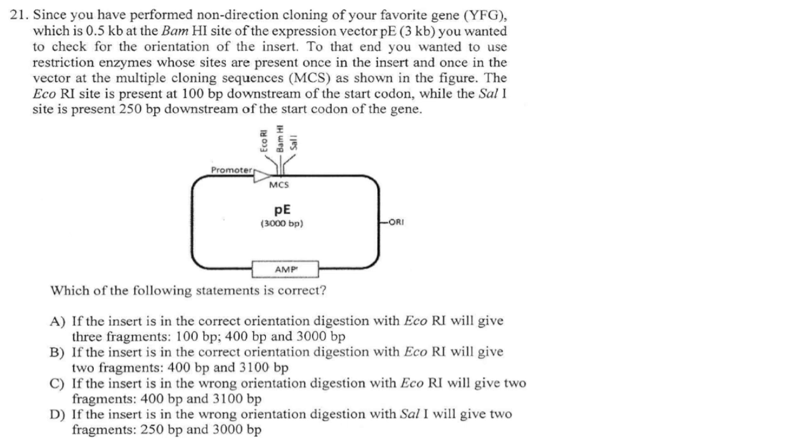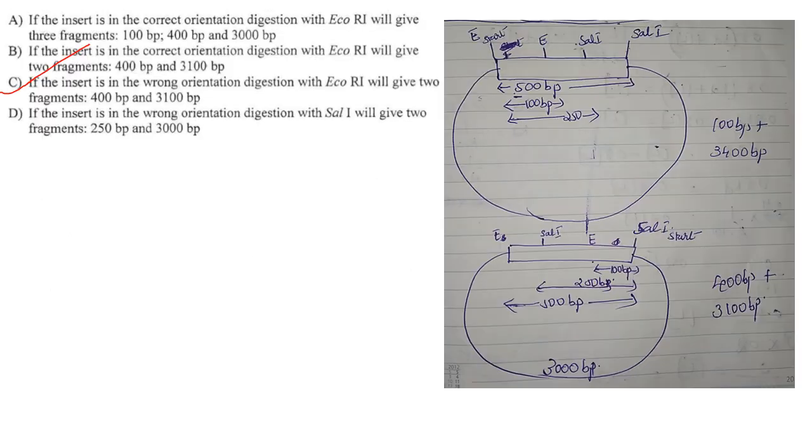Now if your sequence, as they have told, from the start sequence, the EcoR1 site for your gene of interest is at 100 base pairs and the SalI site is at 250 base pair from the start site. Now this is your start. So EcoR1 will be 100 base pair and the SalI site will be 250 base pair from the start region.